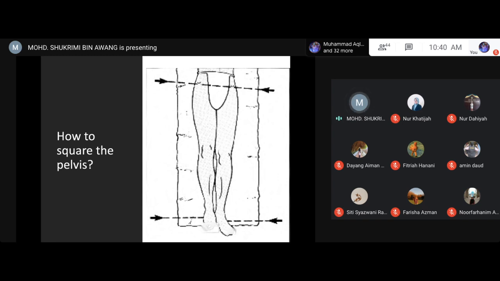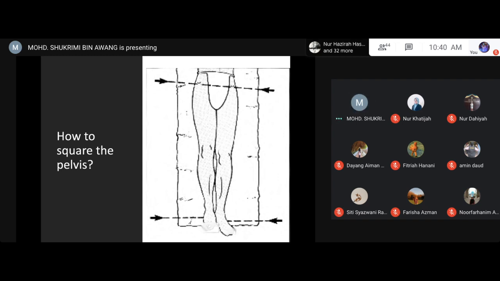So let's say in this case, anybody? Make the patient lying supine. Yes, the patient is lying supine now. Of course, you measure the patient lying supine.